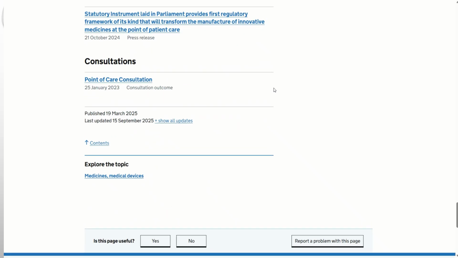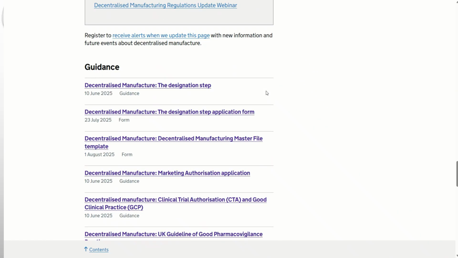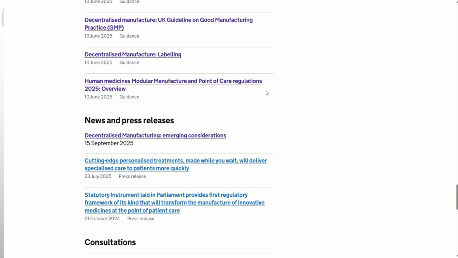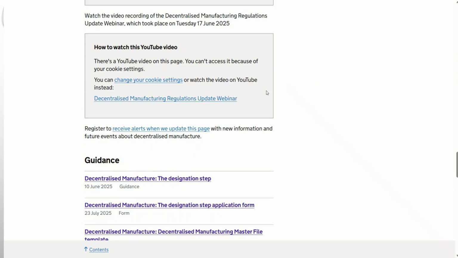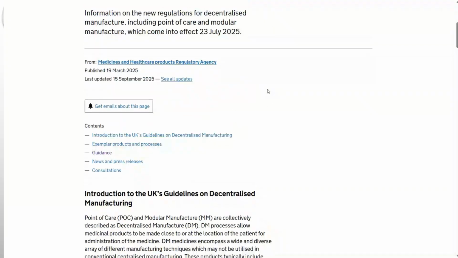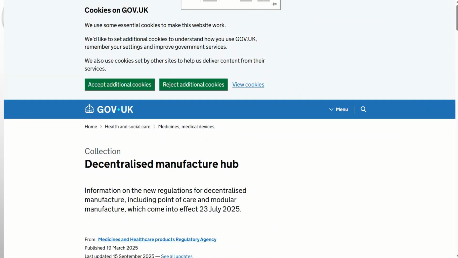So that's a very quick overview on the guidance information and the master file, etc., that's available for decentralized.